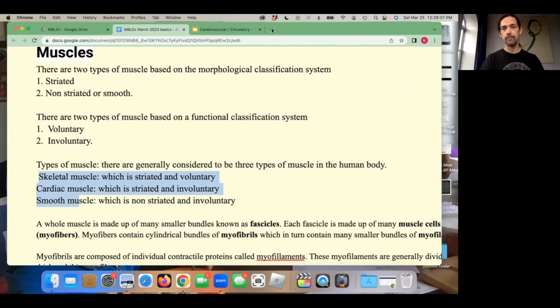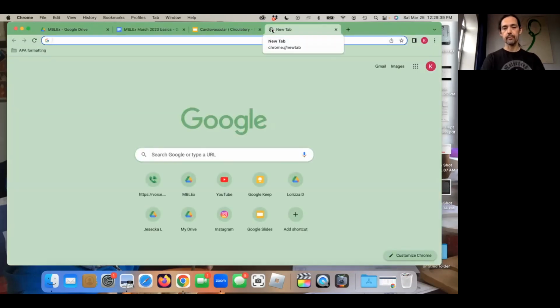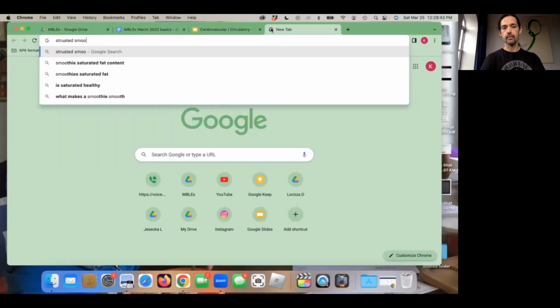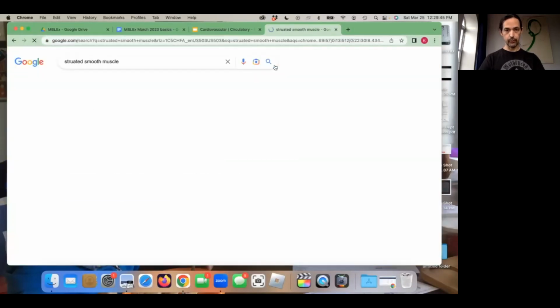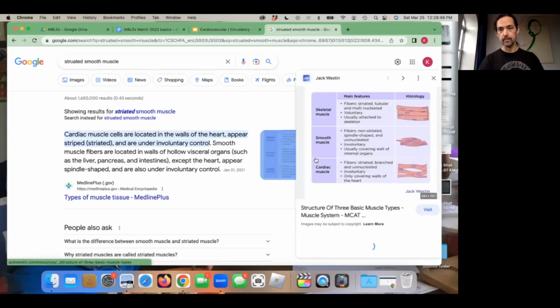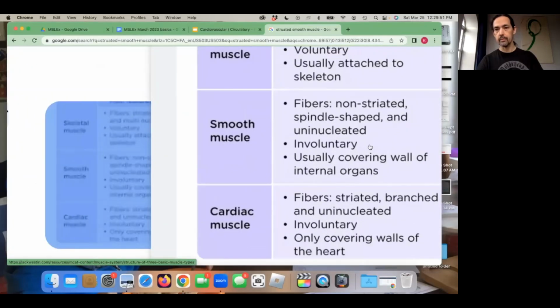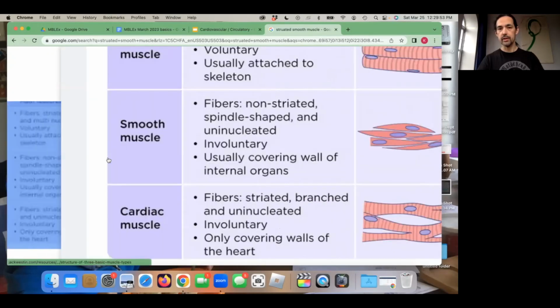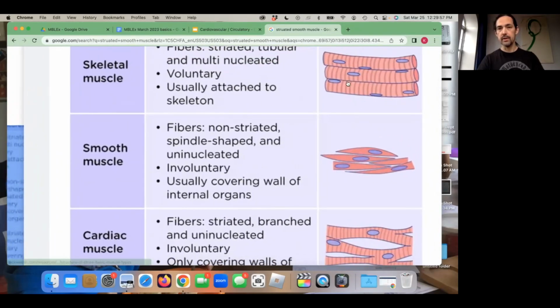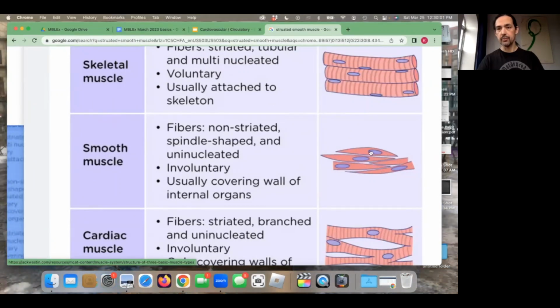If we look at striated versus smooth muscle under a microscope, what we see is that striated muscles have these lines on them and smooth muscles do not.